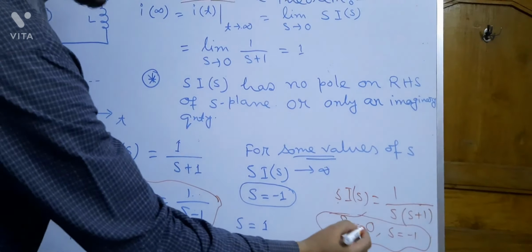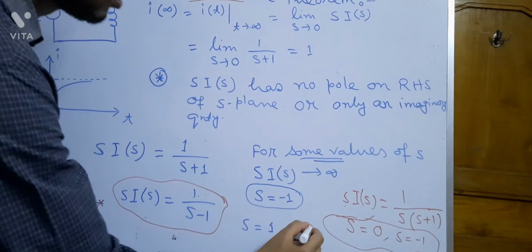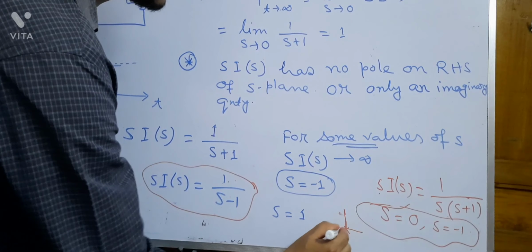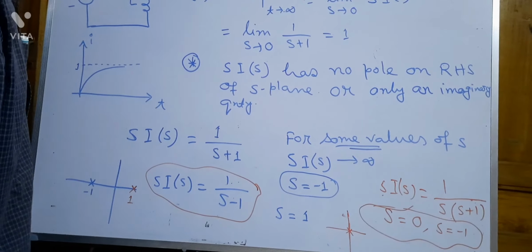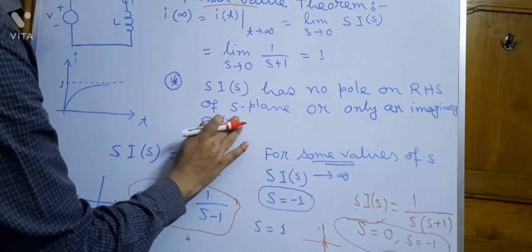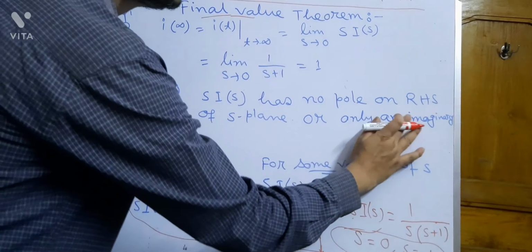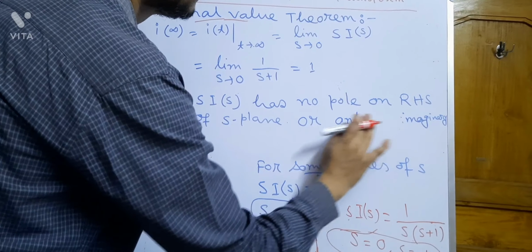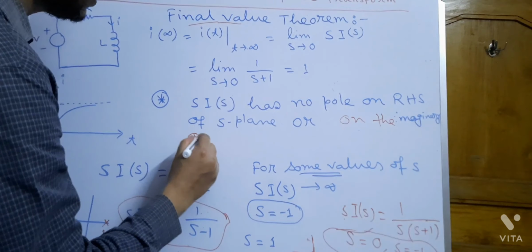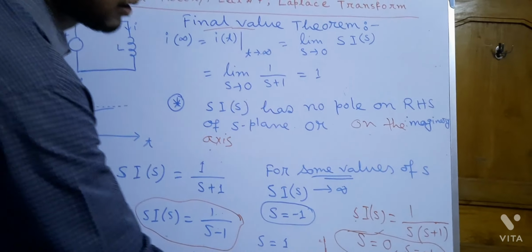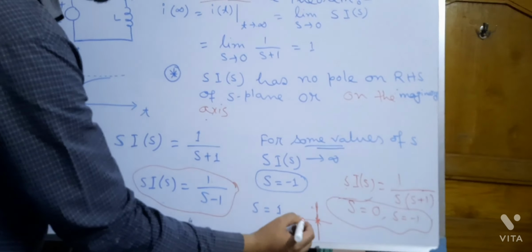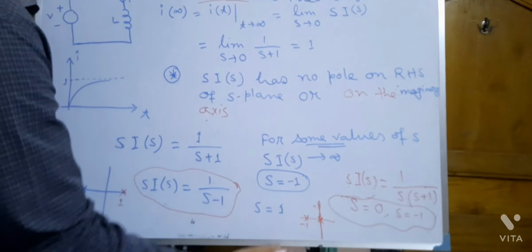But one pole is on the imaginary axis, s equal to 0, and another pole is s equal to minus 1.